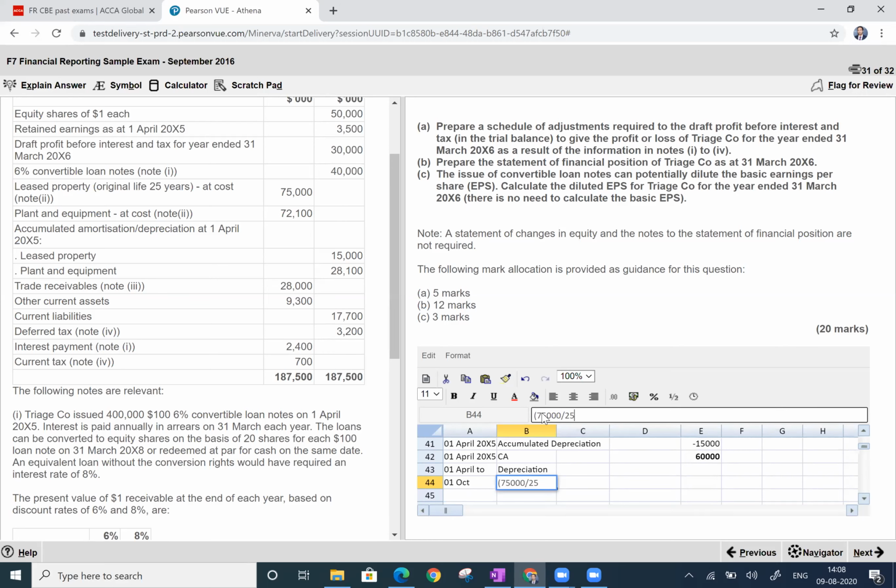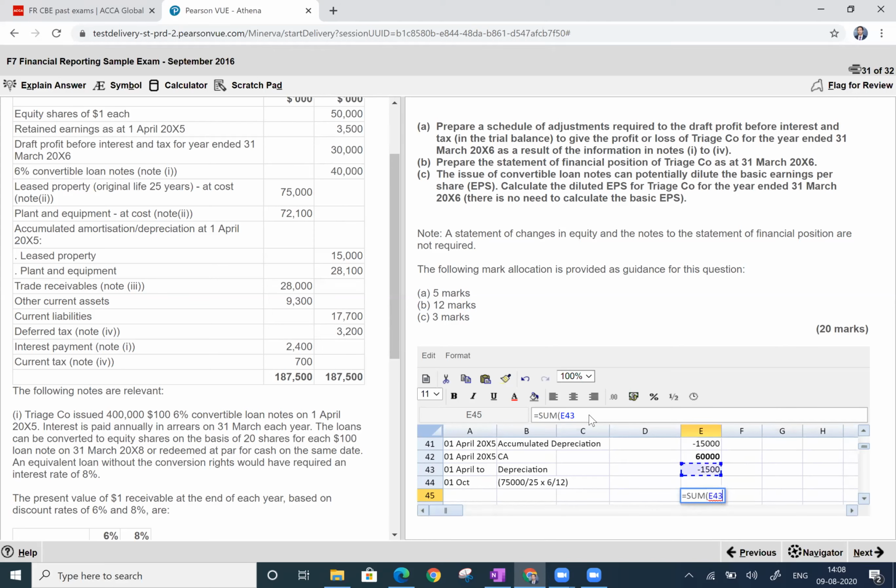So before revaluation, you have to calculate it on the normal rate. After revaluation, you have to base it on the remaining useful life. So 75,000 divided by 20 into 6 by 12, this is equal to, again, further depreciation: 75,000 divided by 25 into 6 by 12. So now I can do a sum.